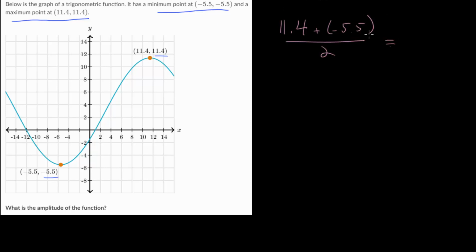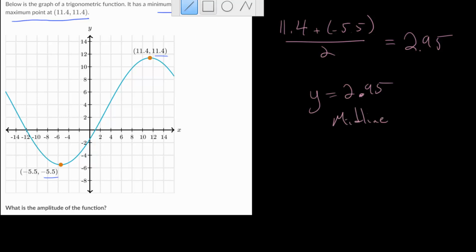And when we take 11.4 and we subtract 5.5, we find a value of 2.95. And this will be our midline of the function. We can graph this line now at 2.95, so roughly right below a y value of 3. This is not going to be drawn perfectly, but we can get a general idea of where it is.